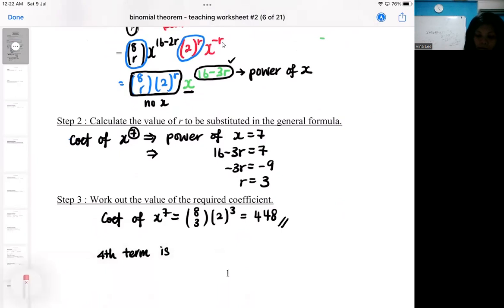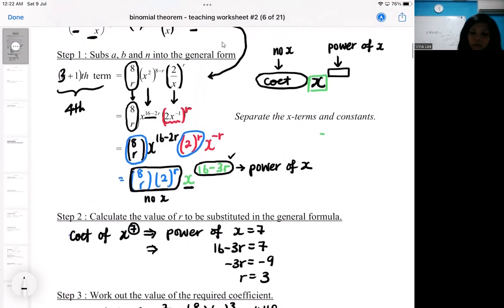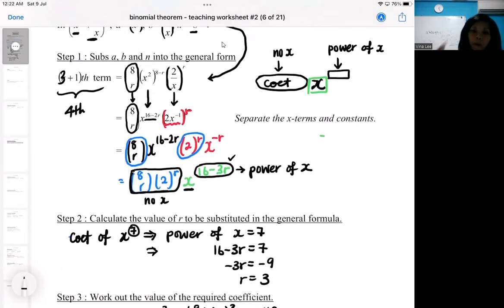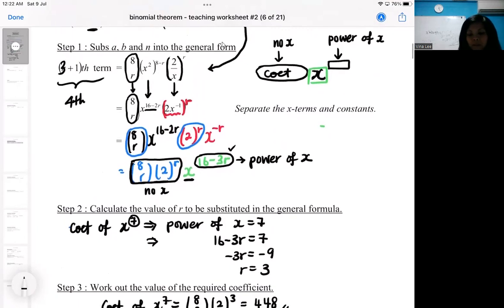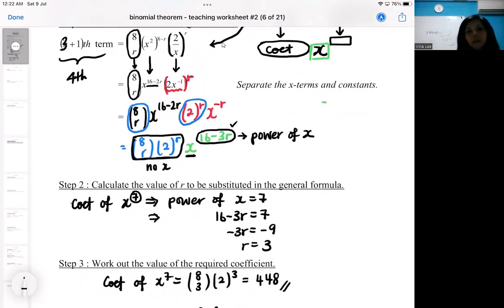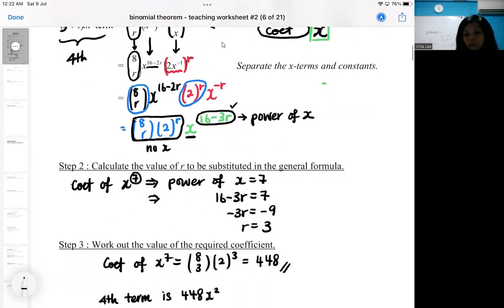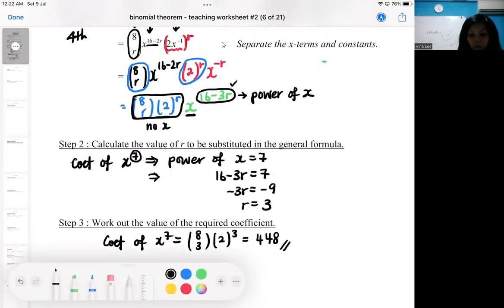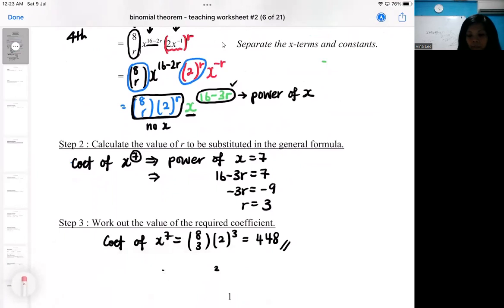That means the fourth term is going to be 448 x squared. So we use the power in the general term to help us find a specific R. The R is meant for you to sub into the coefficient part so that you can punch the calculator.